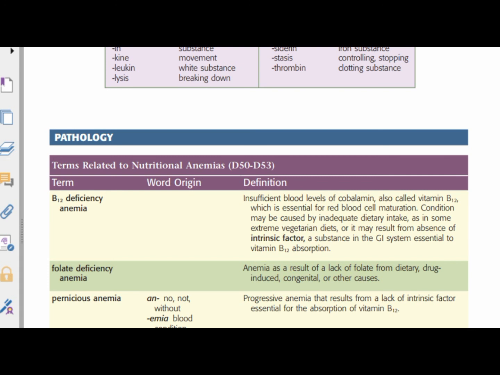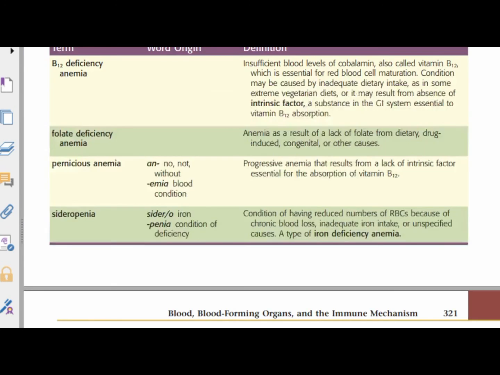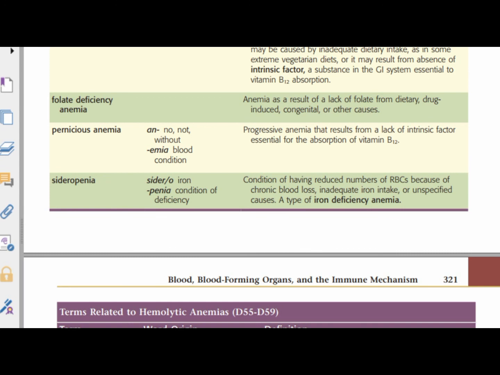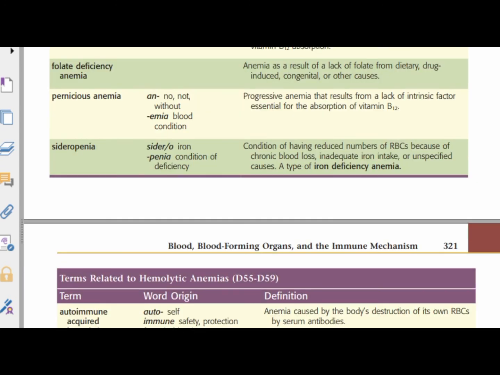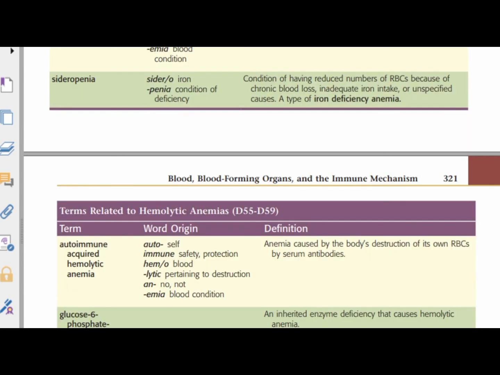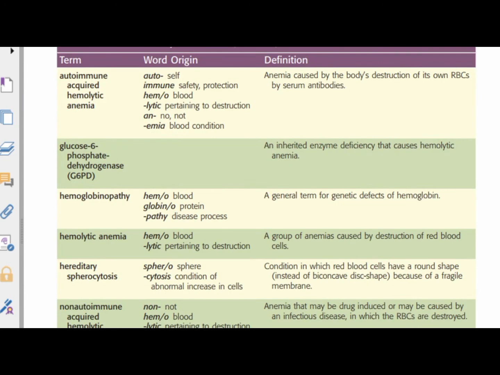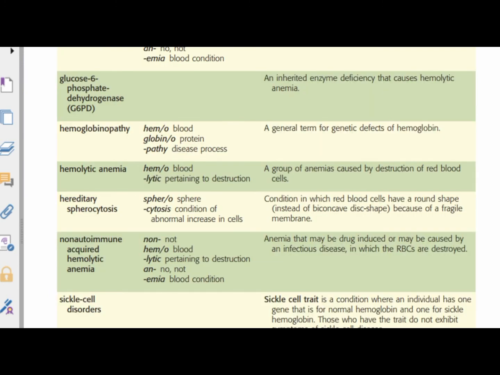We have also folate deficiency anemia, pernicious, sideropenia, autoimmune acquired hemolytic anemia, glucose-6-phosphate dehydrogenase deficiency, an inherited hemolytic anemia, hemoglobinopathy. So hemo means blood, globin protein, pathy disease, so disease of hemoglobin, hemolytic. So these are basically terms, no? Na nakita na to sa blood and immunity.